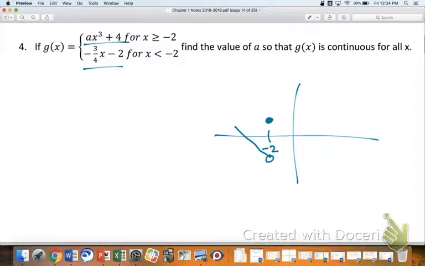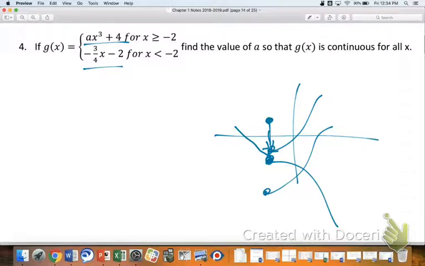It could be stretched in such a way that this drops down to here, and it actually does this. It could be stretched too far, it could do this. Or I could get it exactly stretched, and maybe it has to open down or something like that, right? So I'm trying to get the a value exactly right because there's only one spot where it can be in order for this to be continuous. Any other spot, we're going to have a jump. That make sense? I'm trying to get that a exactly right so it'll stretch out or shrink down or whatever it needs to be and open up or down correctly so that it'll perfectly meet with that line.